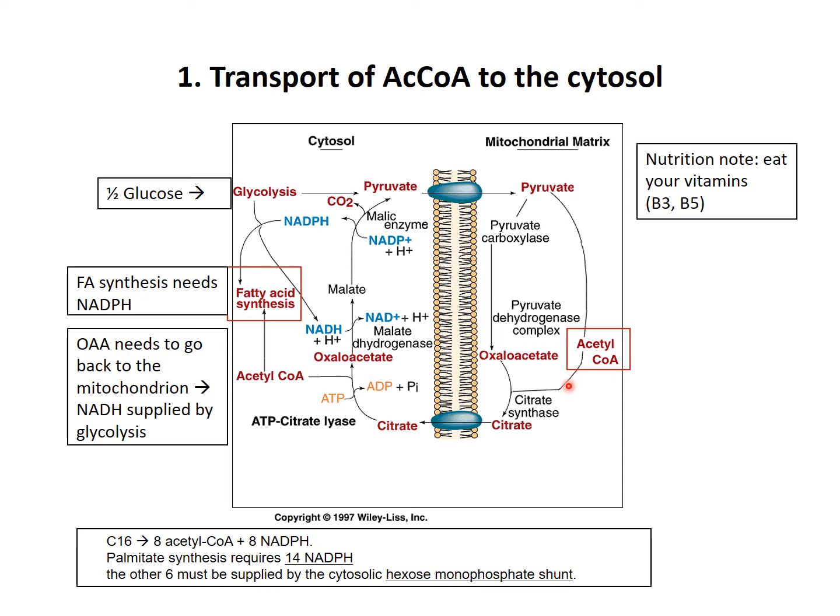Mitochondria is producing acetyl coenzyme A, transported out in the form of citrate. You remember this one? You need pyruvate carboxylase to produce oxaloacetate. You need pyruvate dehydrogenase to produce acetyl coenzyme A, and the two need to form citrate as the very first step of the Krebs cycle, and this citrate will go out to the cytosol.